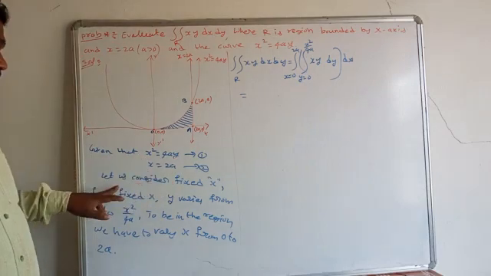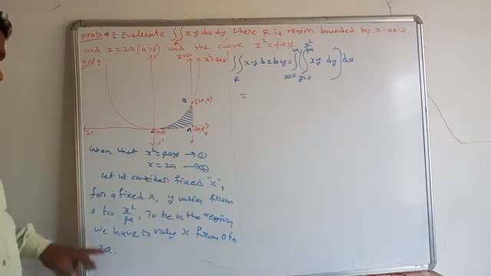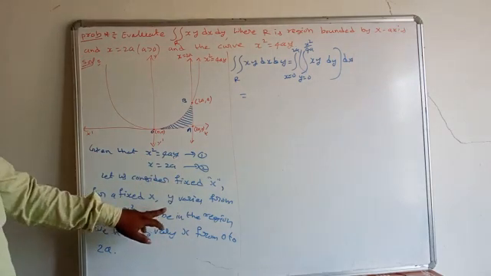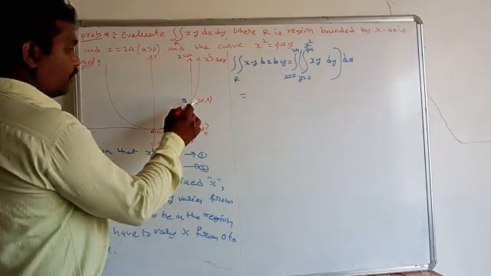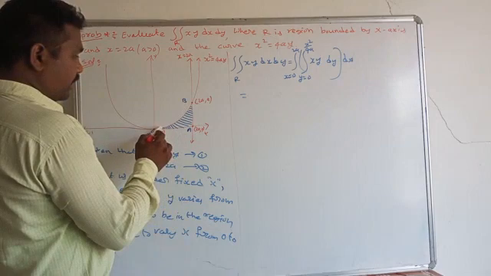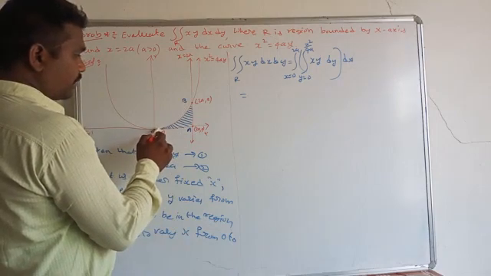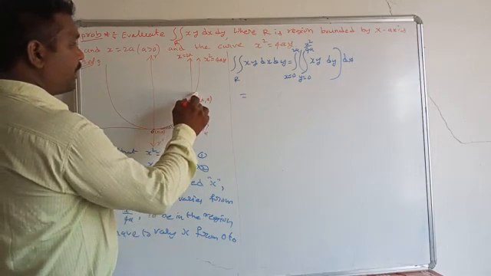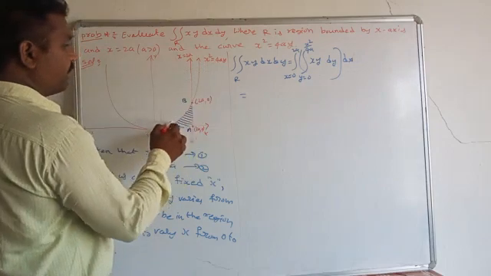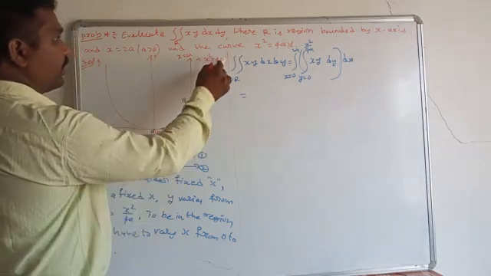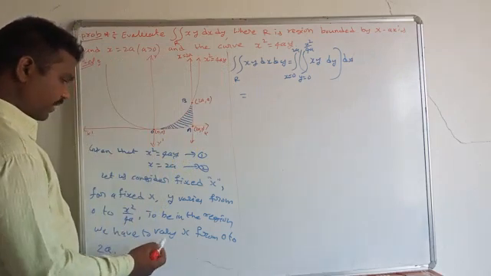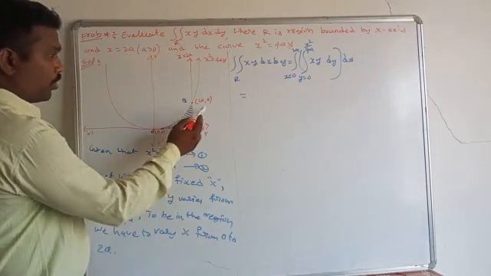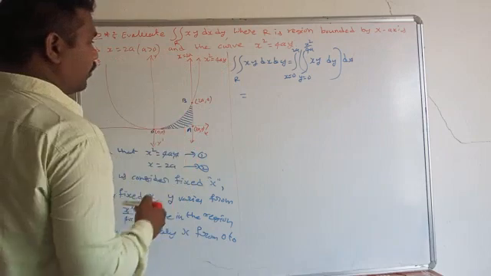Given that x square is equal to 4ay, x is equal to 2a. Let us consider a fixed x. For a fixed x, y varies from 0 to x square by 4a. y varies from 0 to, x 0 అవుతుంది, పారాబోలిక్ ఈక్వేషన్ x square, y వాల్యూ x square by 4a పారాబోలిక్, and x varies from 0 to 2a. 0 నుంచి 2a కి వేరీ అవుతుంది.